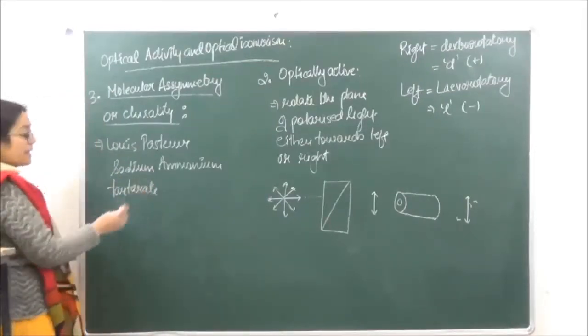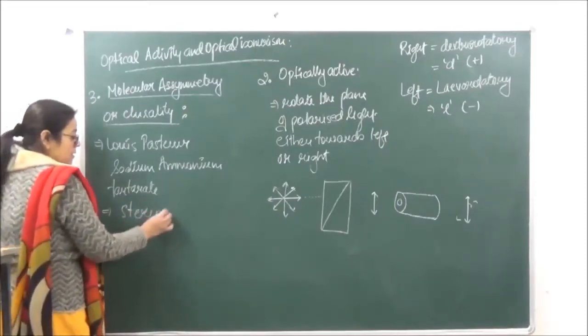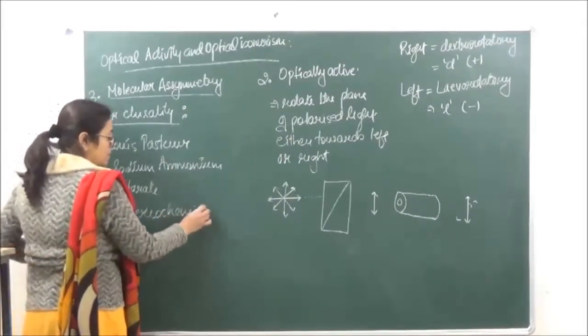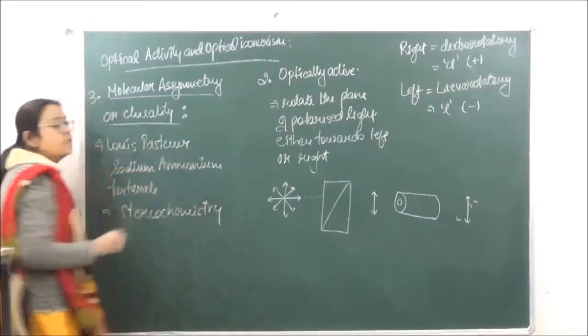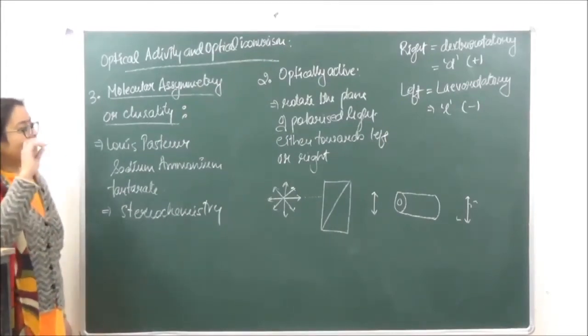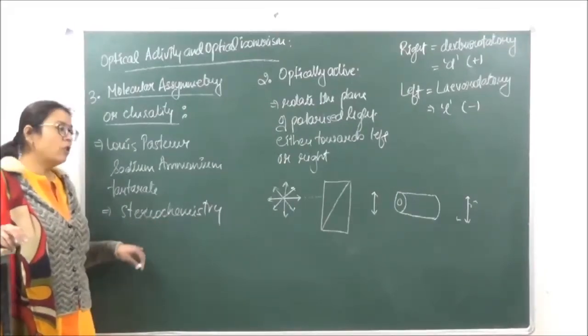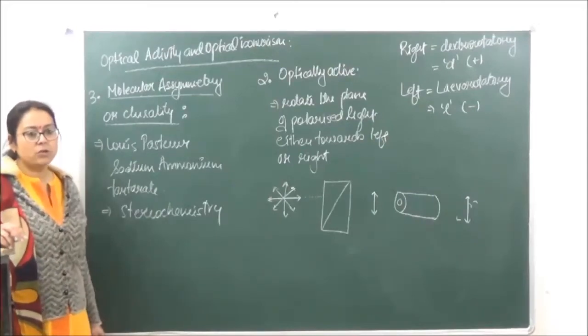This particular experiment was the base of stereochemistry. So we have one particular branch of chemistry in which we study the effect of light on certain substances, which is known as stereochemistry.